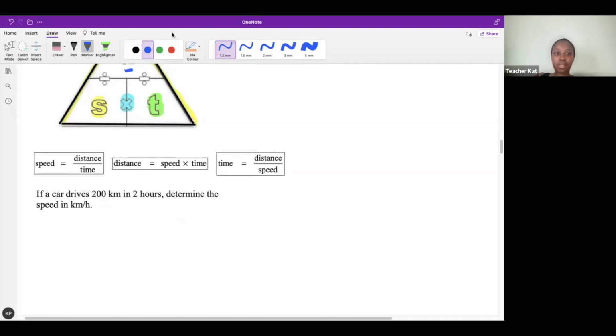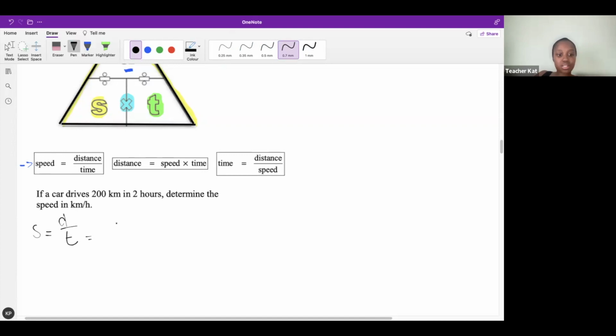Okay, now let's apply it a little bit. Let's do some application of this triangle. If a car drives 200 kilometers in 2 hours, determine the speed in kilometers per hour. They said determine the speed, so we know that we're using formula number 1. Speed is equal to distance divided by time.